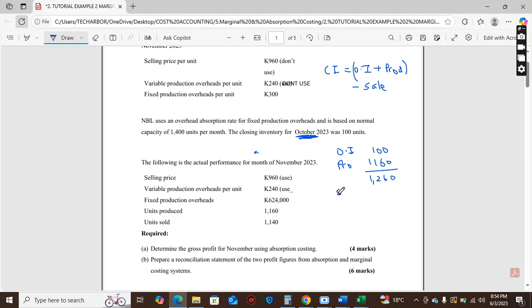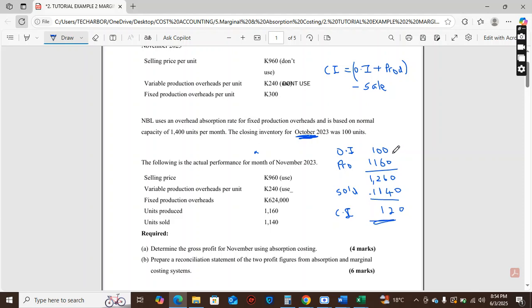Then we sold 1,140. So 0 minus 0, 6 minus 4, that is 2. 2 minus 1, that is 1. So we have 120 units as our closing inventory.